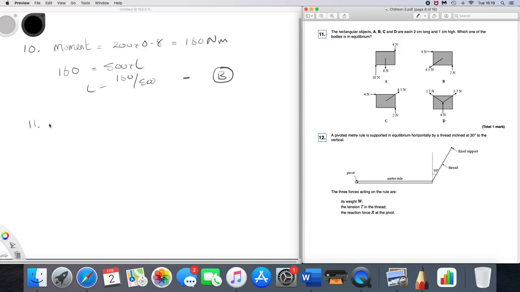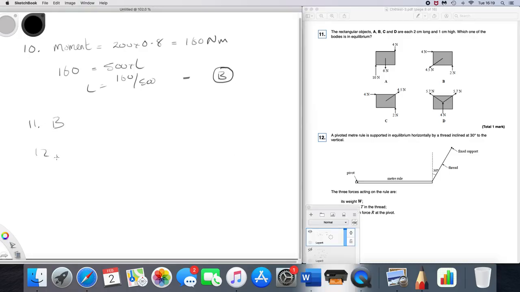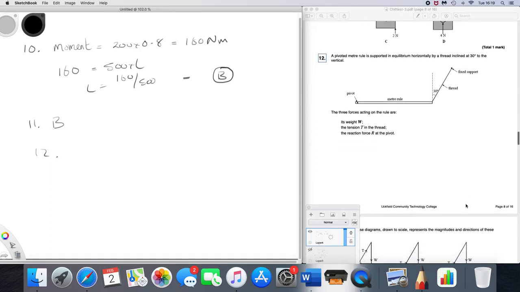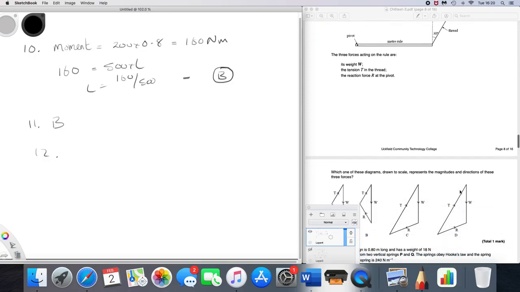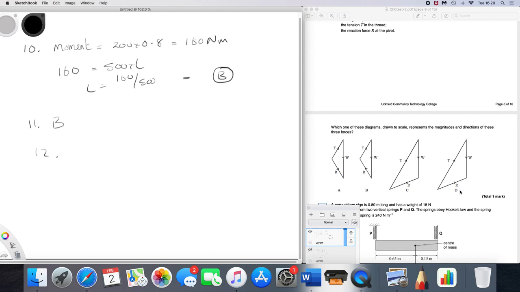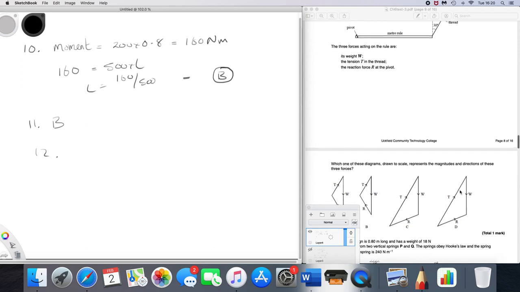Question 12. A pivoted meter ruler is supported in equilibrium horizontally by a thread inclined at 30 degrees to the vertical. Three forces act on the ruler: weight, tension, and reaction at the pivot. Which of these three diagrams drawn to scale represents the magnitudes and directions of these three forces?